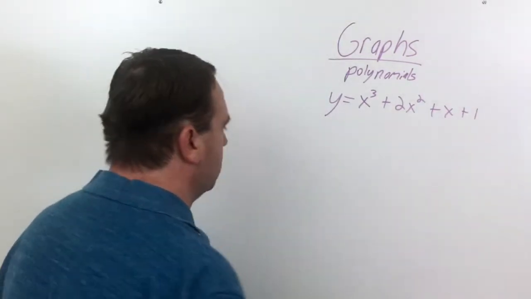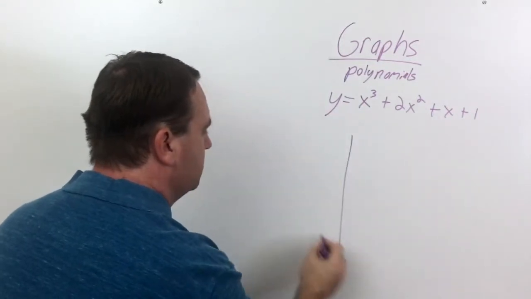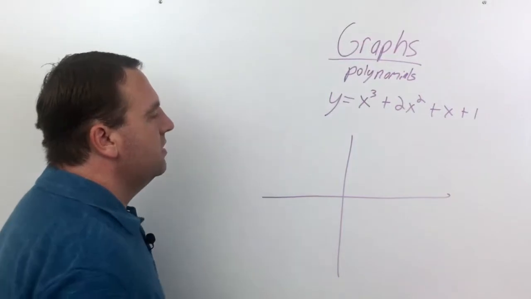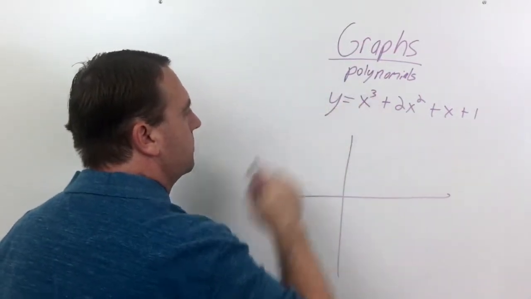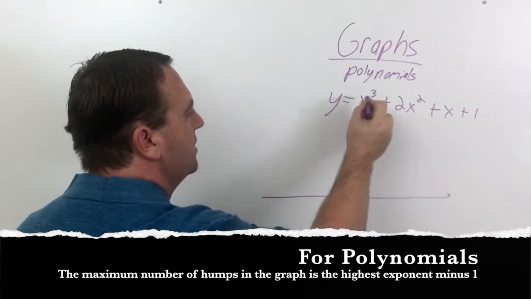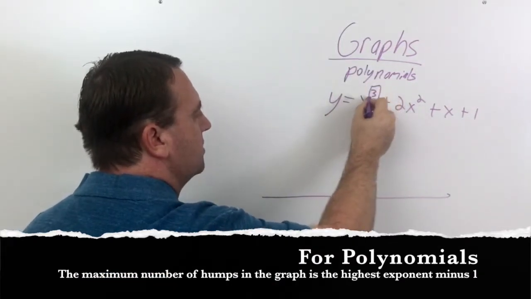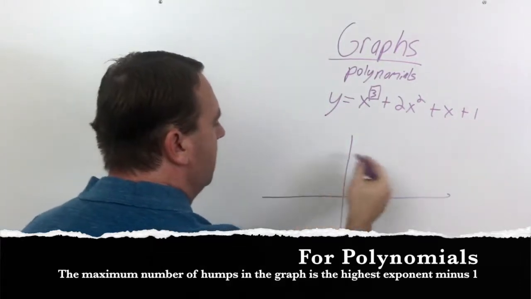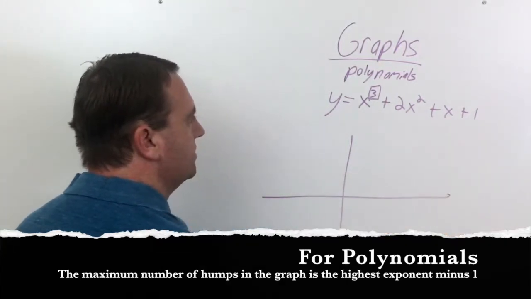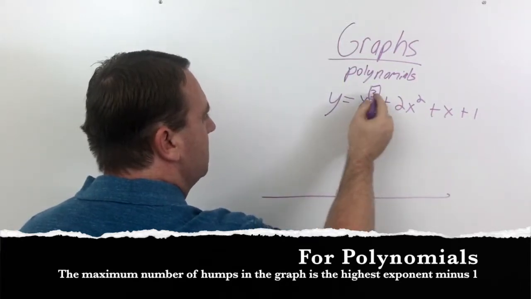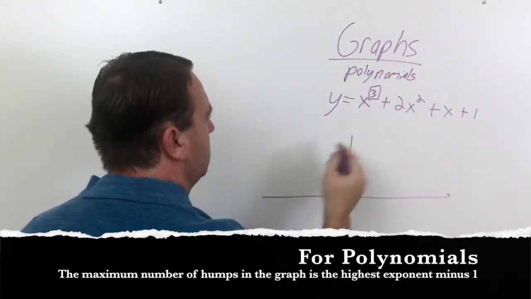And so polynomials have a very interesting property, and that is, if you look at the biggest exponent of a polynomial, the number of humps that your graph has will be at most the biggest exponent minus 1.